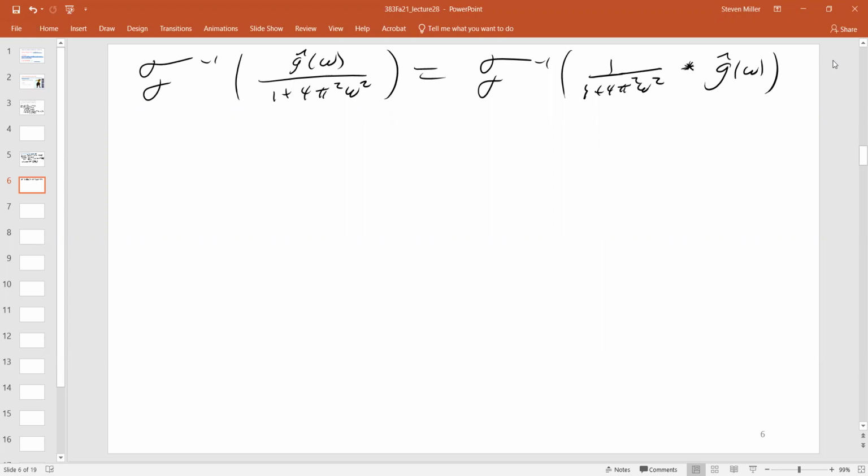So imagine instead of having 1 over 1 plus 4 pi squared omega squared, we just had 1 times g hat of omega, and then we applied the inverse Fourier transform to g hat of omega. So what is the inverse Fourier transform of the Fourier transform of g? G, right?